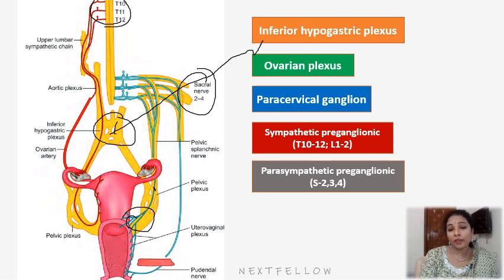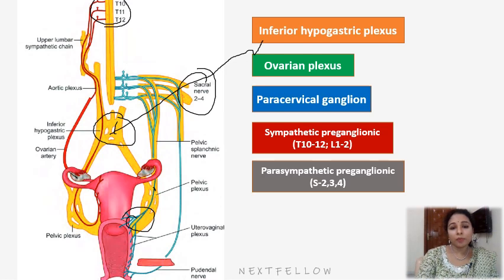Most afferent sensory fibers from the uterus ascend through the inferior hypogastric plexus and enter the spinal cord through the lumbar splanchnic nerves, that is T10 to T12 and L1 to L2, along with the corresponding spinal nerves.